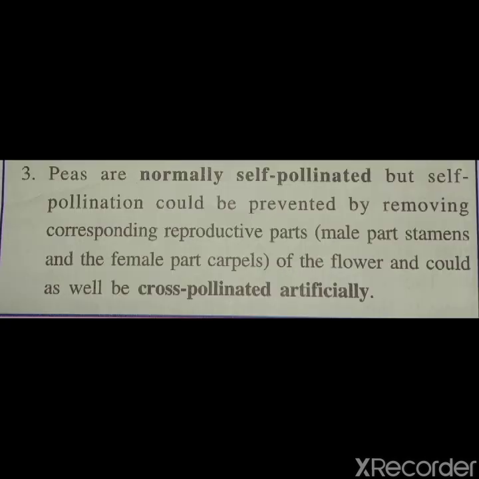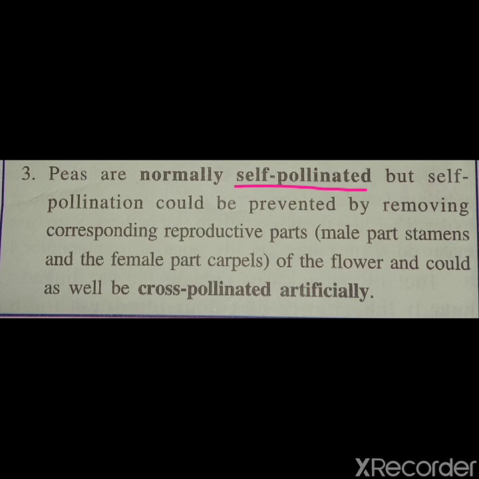Third, peas are normally self-pollinated, but self-pollination could be prevented by removing the corresponding reproductive parts, the male part stamens and the female part carpels of the flower, and they could as well be cross-pollinated artificially.